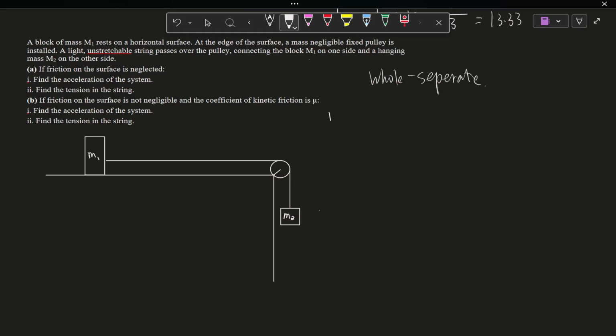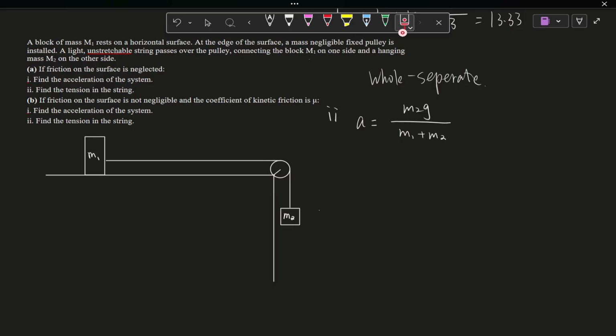On the second part, find the tension in the string. For the first part, you already got the acceleration is equal to m2g over m1 plus m2.